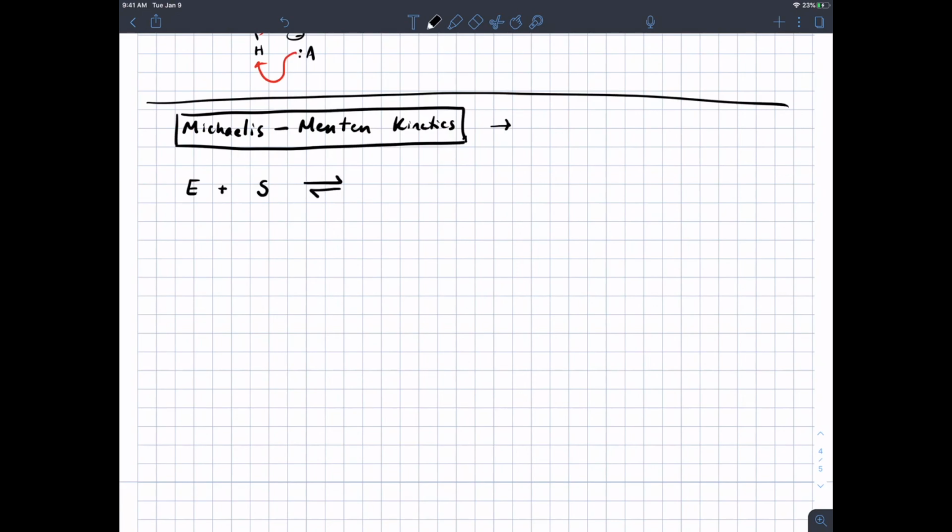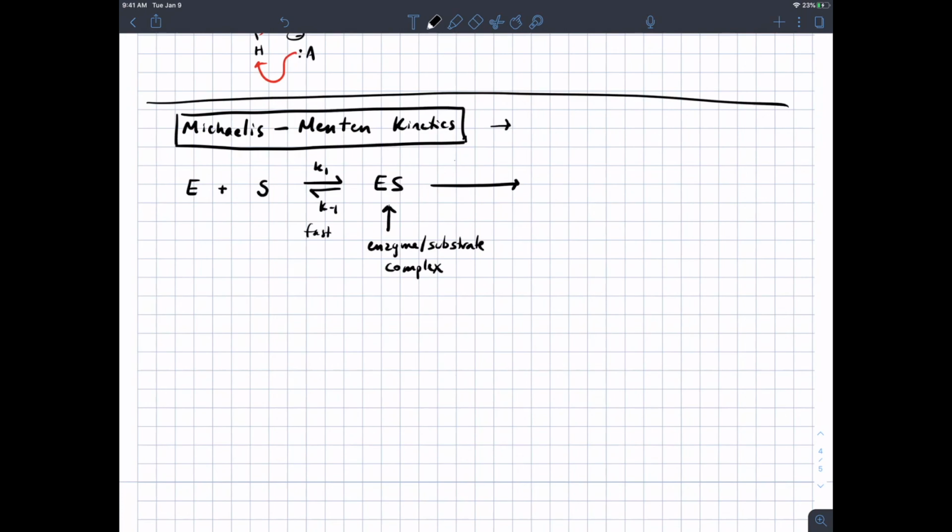There is an equilibrium step with a forward rate and a reverse rate to generate the so-called enzyme substrate complex. So this is binding of the substrate by the enzyme in a pre-equilibrium that is fast.